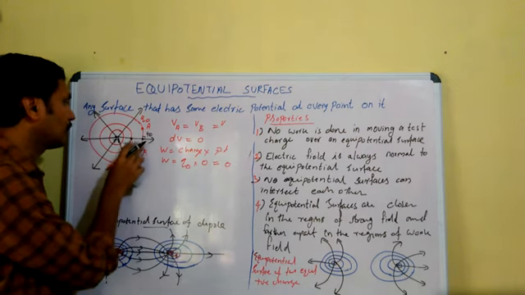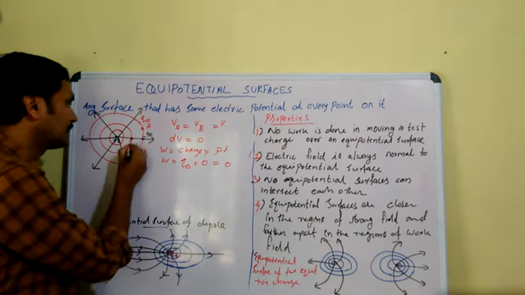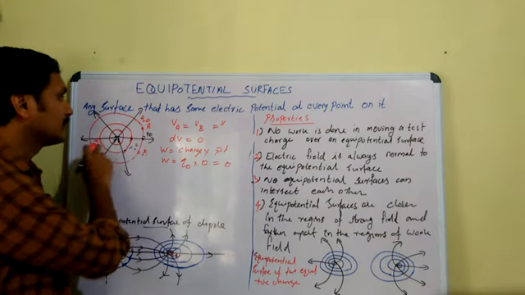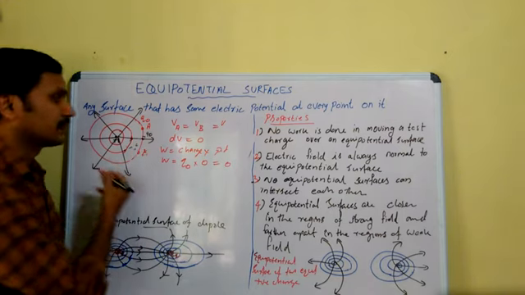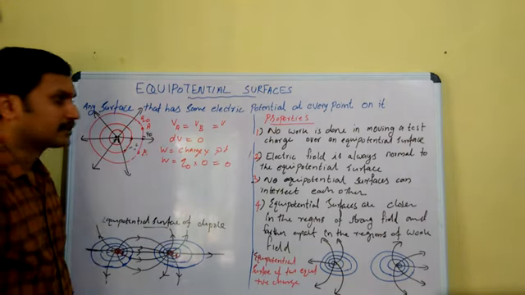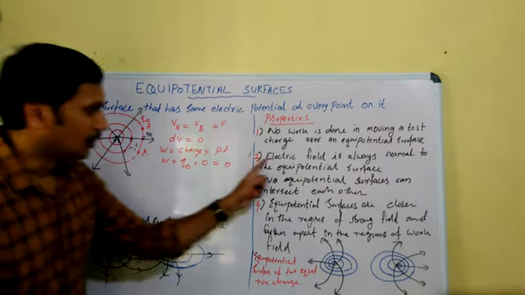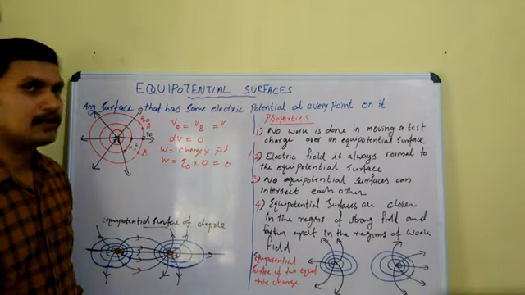It has no component like this; it has only a component that is perpendicular to the equipotential surface. That's the second property of equipotential surface: the electric field is always normal to the equipotential surface.